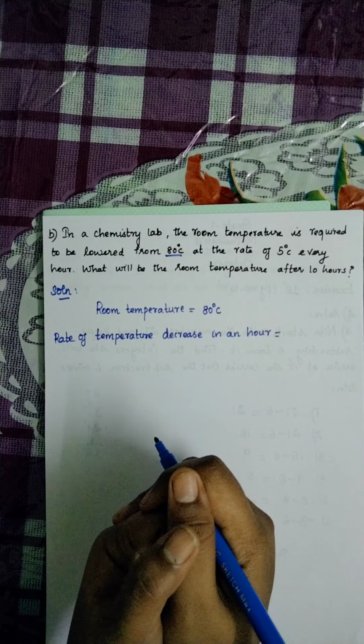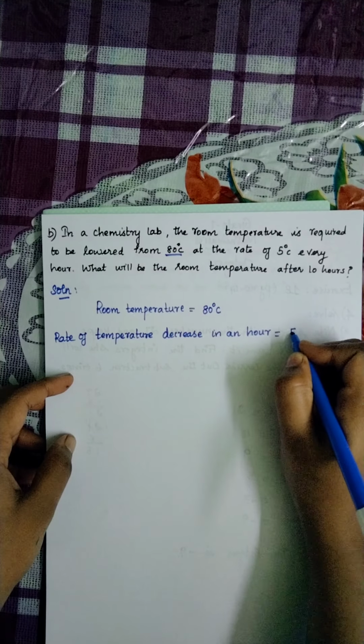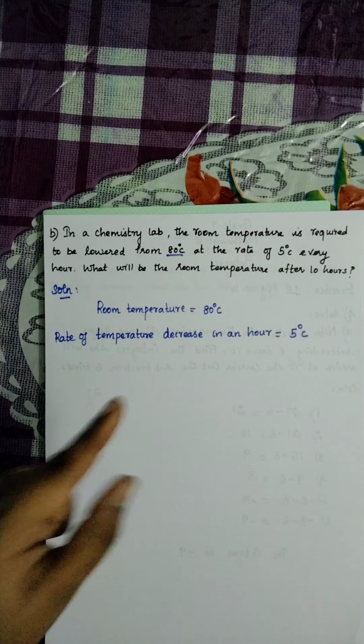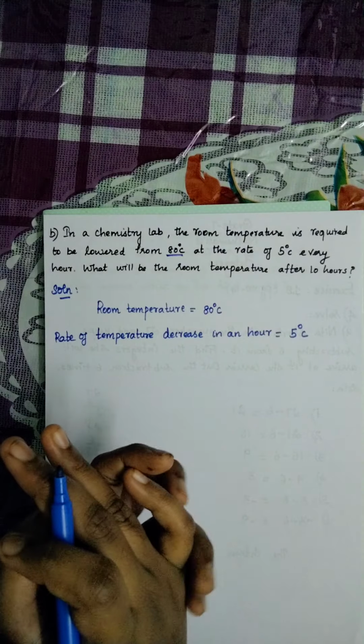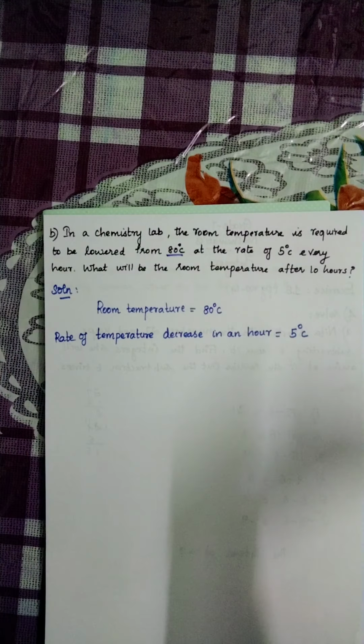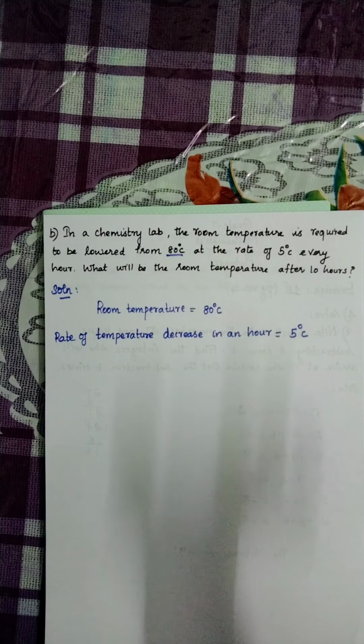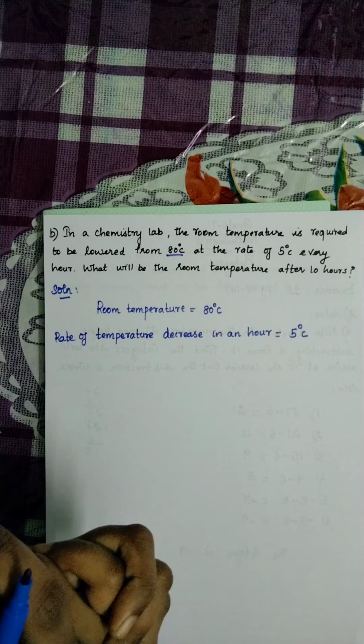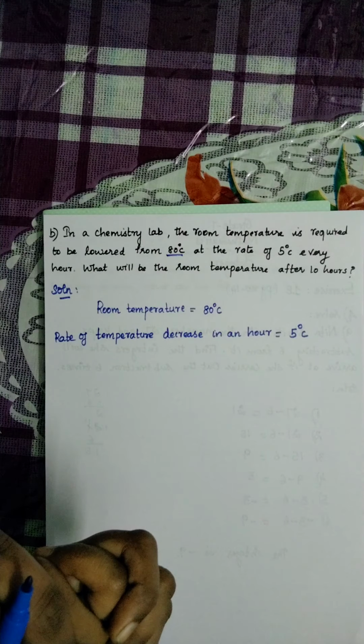For 1 hour, 5 degrees Celsius are decreasing. First, we are going to find for 10 hours, how many degrees Celsius will be decreased. For 1 hour, 5 degrees Celsius decreased. For 10 hours, how many degrees Celsius will decrease? How will you find?